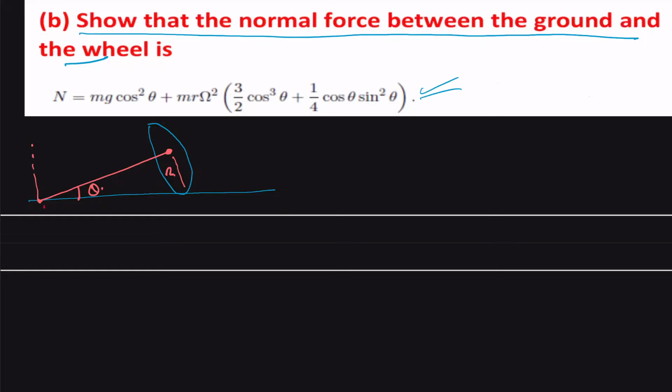Let us call this point O, with the angular velocity capital omega.